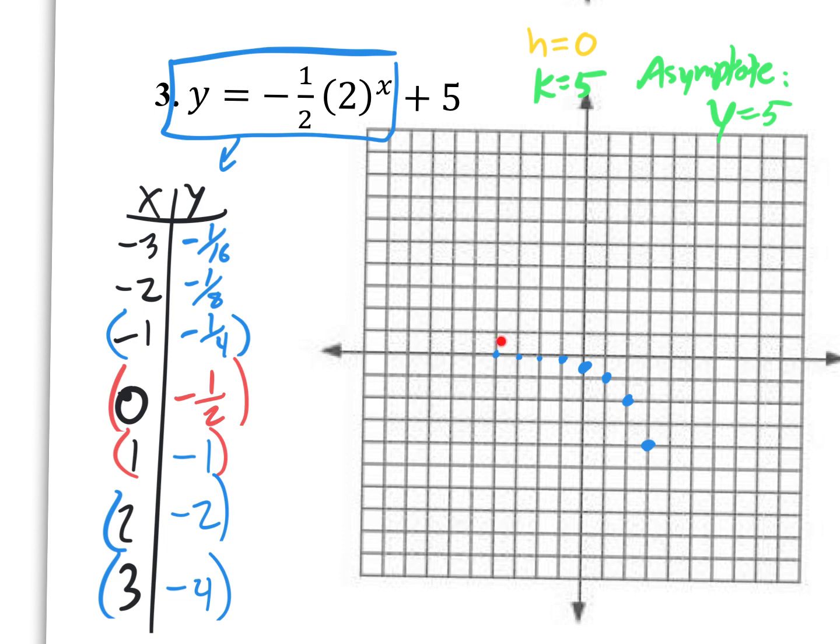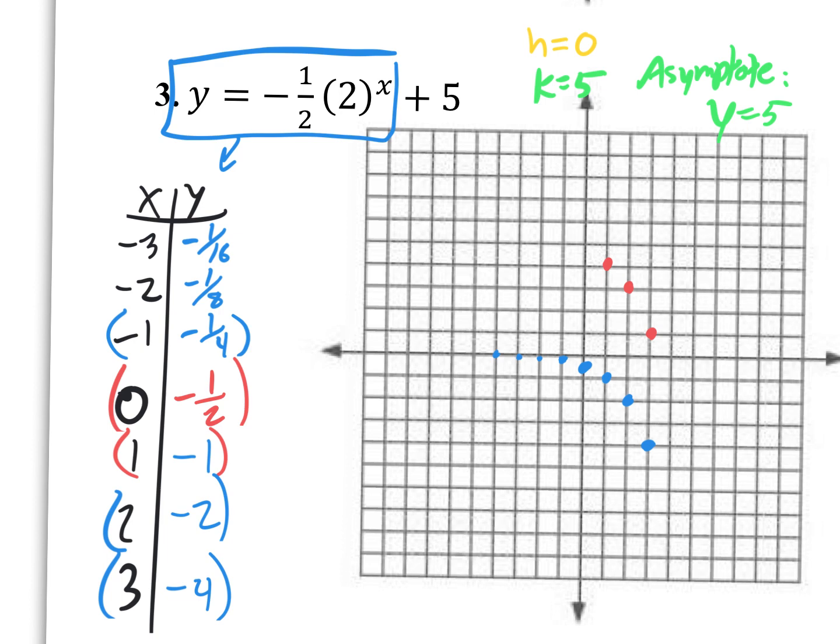So what do I need to do to all these coordinates to include the 5? I need to add 5 to all the y values. In other words, shift all these coordinates 5 units up. So if I shift this guy 1, 2, 3, 4, 5, I'd end up right here. And then if I shift this guy 1, 2, 3, 4, 5, I end up right there. And then I get this guy 5 up, it'll be right there.